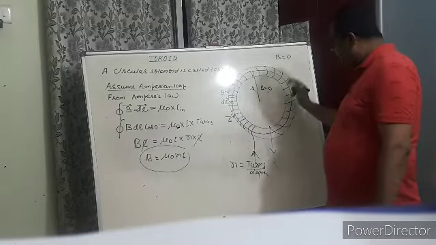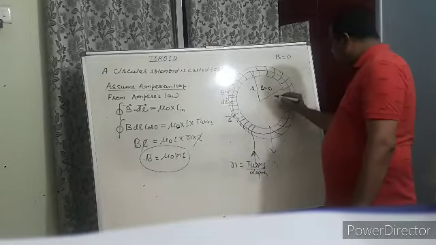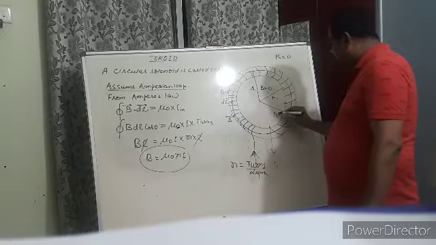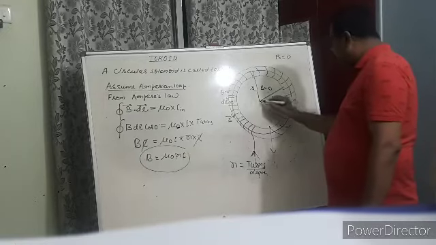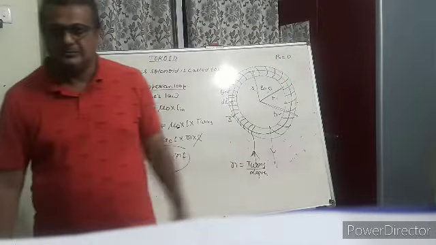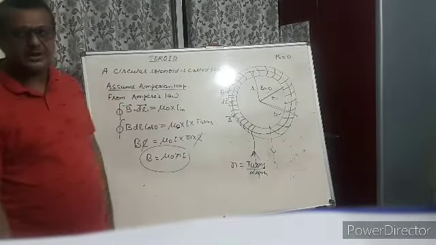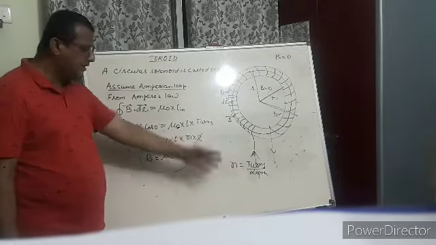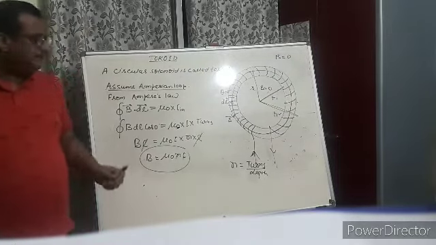If the inside radius and outside radius are given, say inside radius is r1 and outside radius is r2, then you have to take the mean radius. The mean radius is r1 plus r2 divided by 2, and this mean radius will be used here. So see the problem.